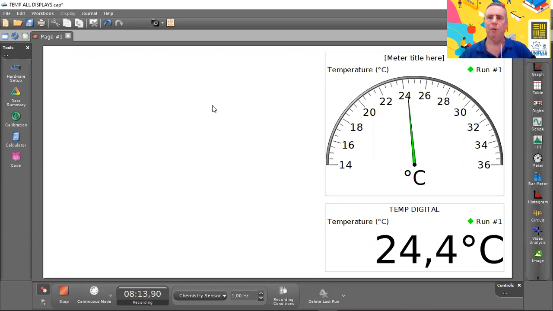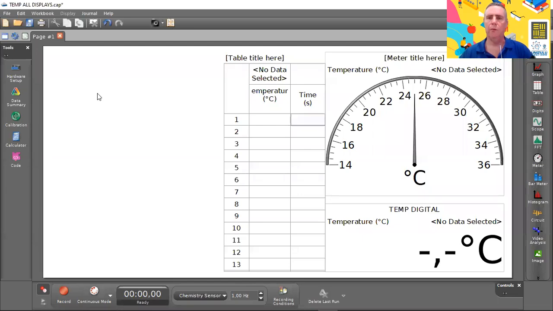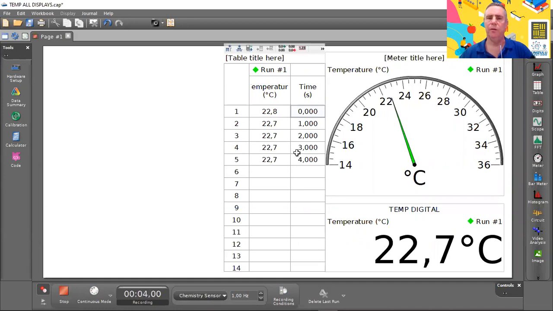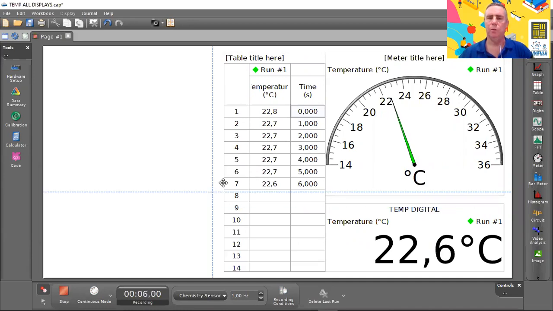But now, once again, this is not actually recording the data, it's just displaying the data for us, which is very useful, but won't help us to determine the rate of change. So now I've added a table to our display, and you'll see that as soon as I start recording data, this is taking one reading of temperature every second. You'll see that every second it records the temperature.